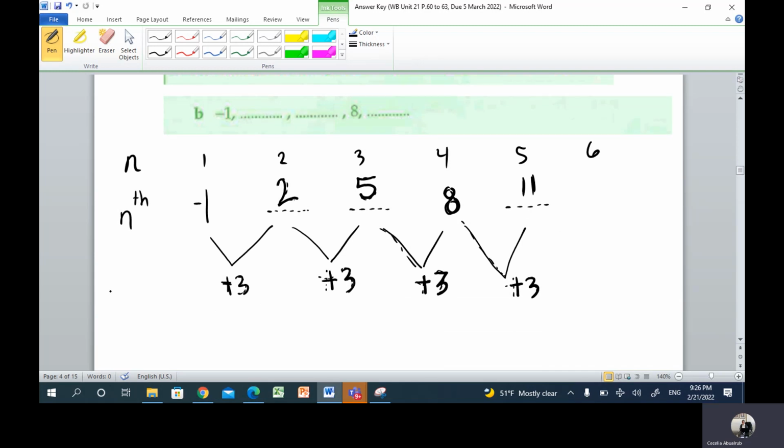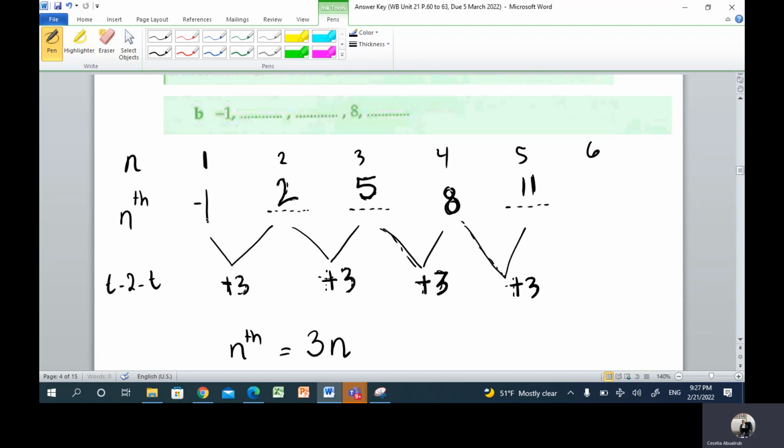Since the term to term rule is fixed throughout the sequence, can I write the nth term? Yes, we can. Nth is equal to, the term to term rule is 3, and we immediately write 3 times n, which is 3n. In order to see if we are adding a number after or subtracting a number, we go to the first n, which is 1. And we say 3 times 1, 3.